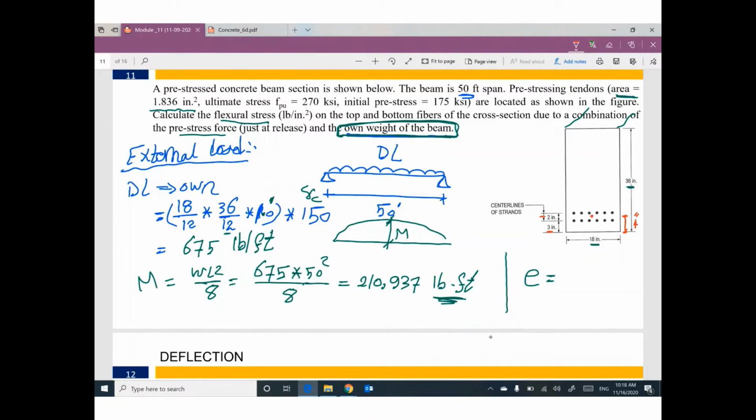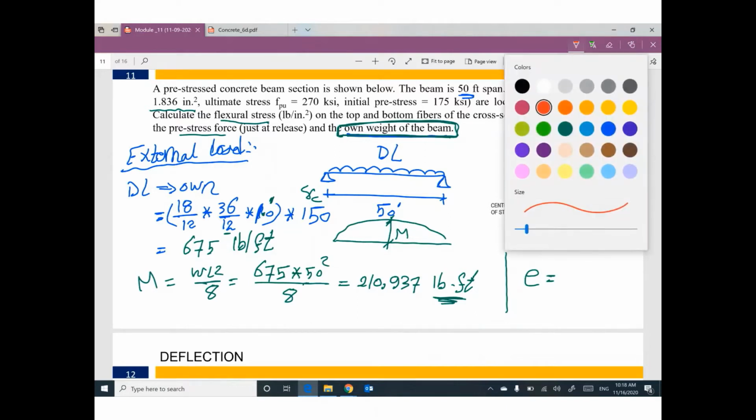And the centroid of the rectangular cross section at half distance of 36. So the vertical distance between the centroid and the bottom is 18 inch. 36 divided 2.